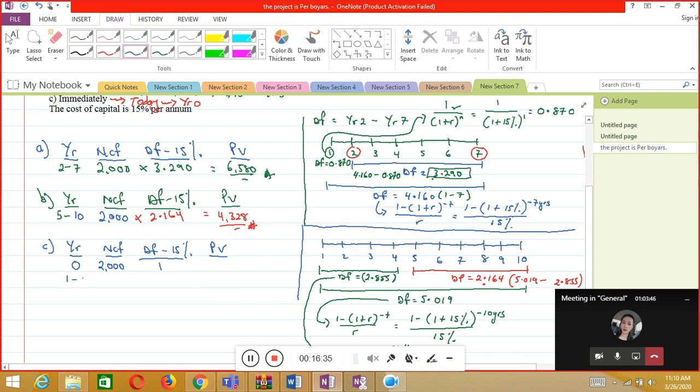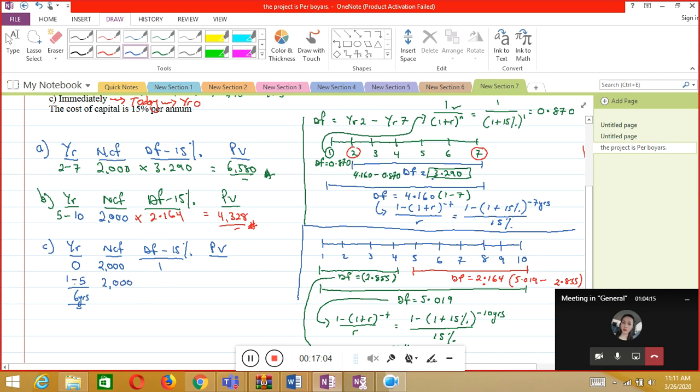Because 1 to 6 means total, you got how many years, including year 0? 7 already. Correct or not? So this is wrong. Yes, it has to be 1 to 5, because including year 0, total must be what? 6 years.